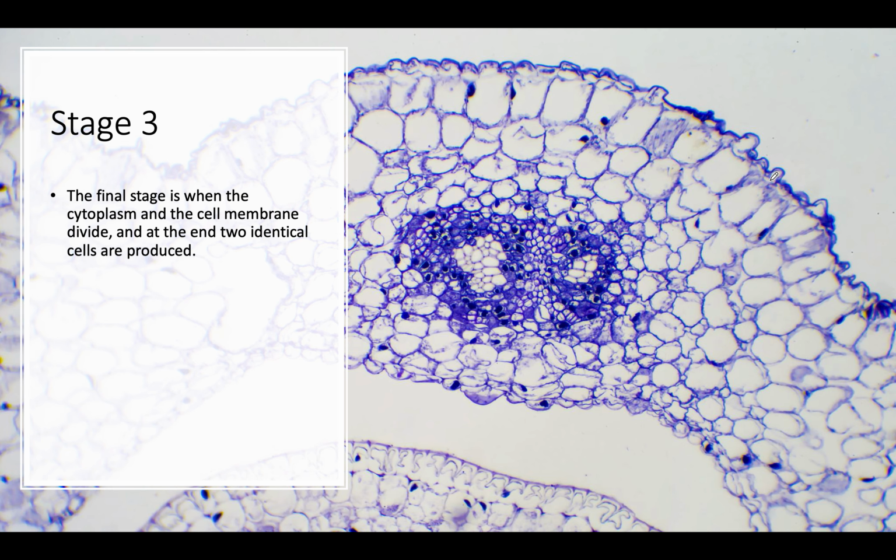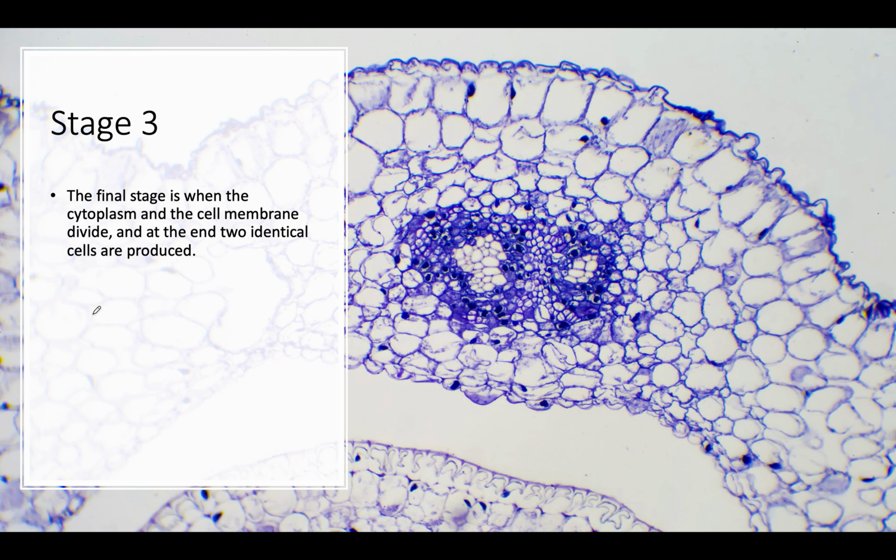In stage 3, this is the final stage, and this is when the cytoplasm and the cell membrane divide to produce two identical cells. So we have our nucleus dividing and everything pulling apart, and our internal structures have been copied.